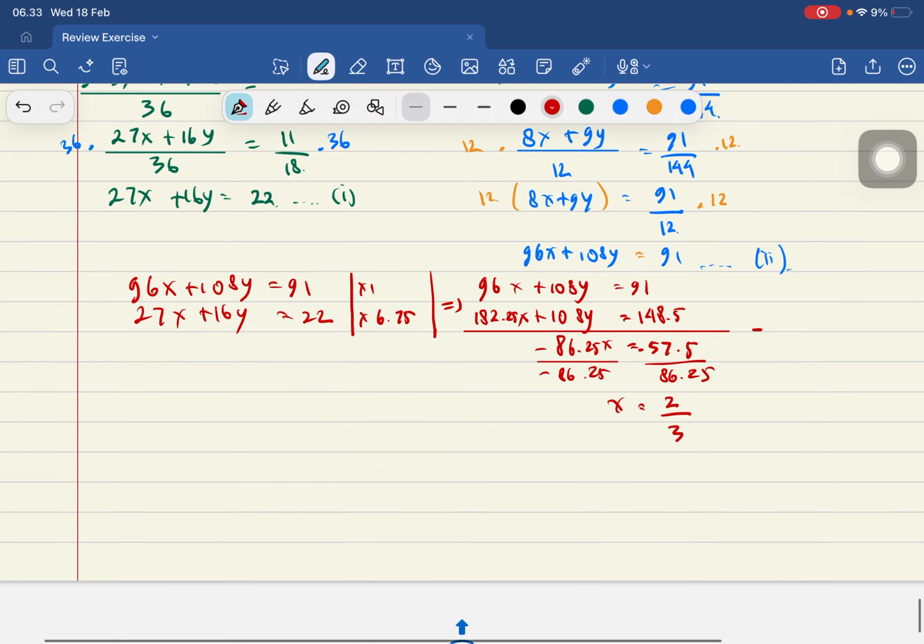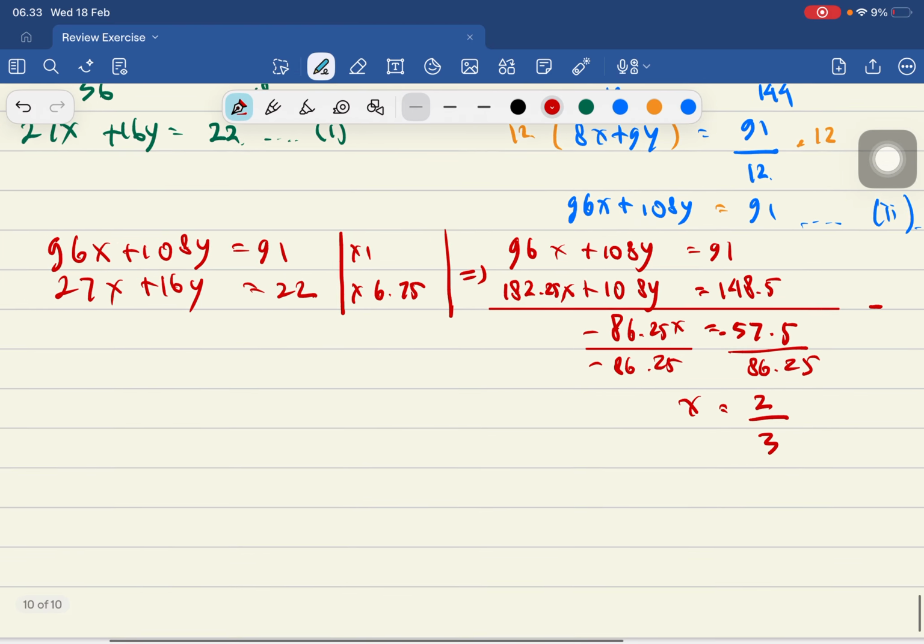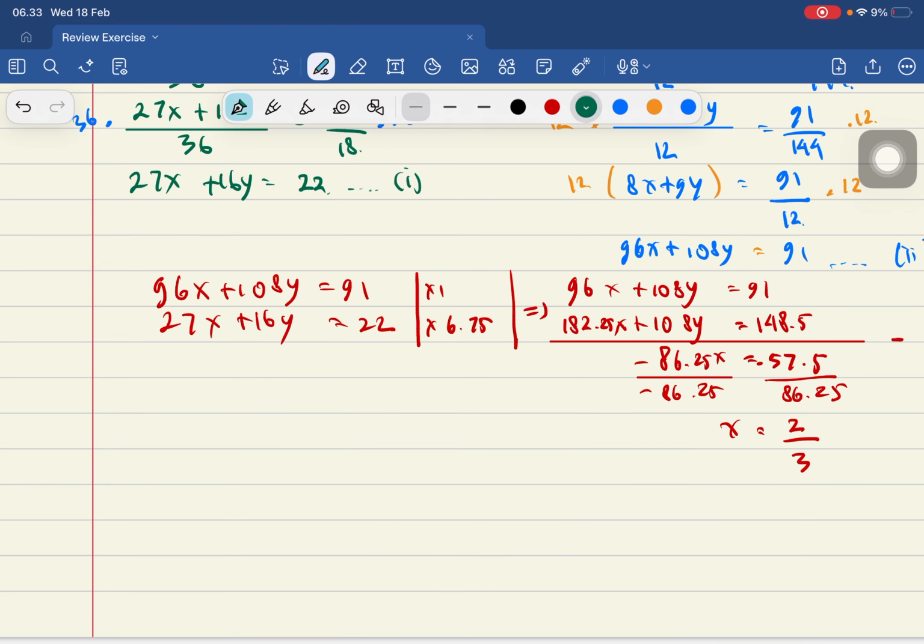Okay, let's substitute into the equation. So we got 27x, x is 2/3, plus 16y equal to 22. So 27 divided by 3 is 9. So it's going to be 18 plus 16y equal to 22.